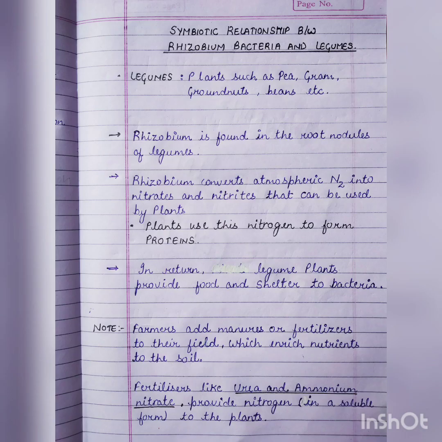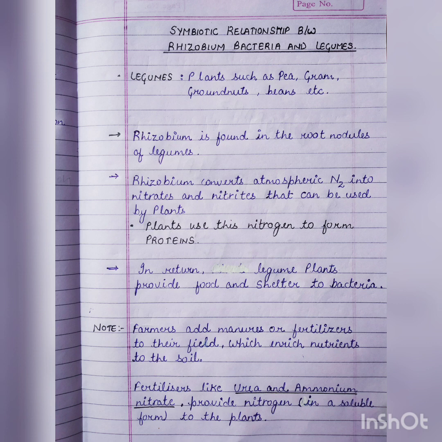And then write down symbiotic relationship between Rhizobium bacteria and legumes, also called leguminous plants. Rhizobium bacteria live in the root nodules of legumes. They convert atmospheric nitrogen into nitrogenous compounds like nitrates and nitrites, the form that plants can consume.